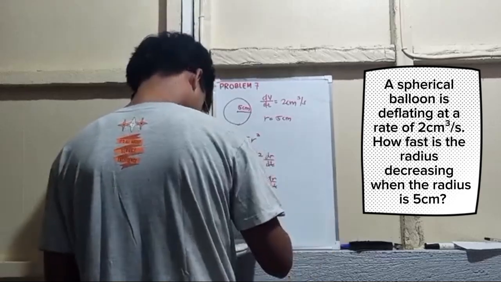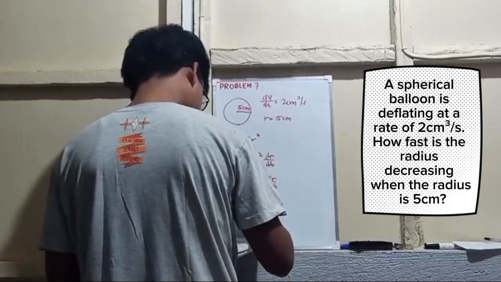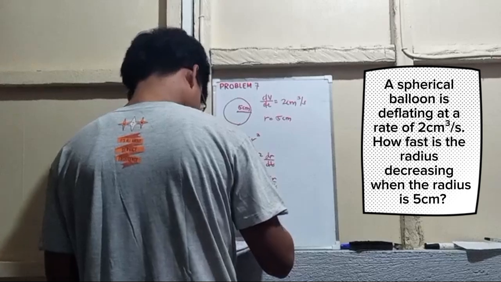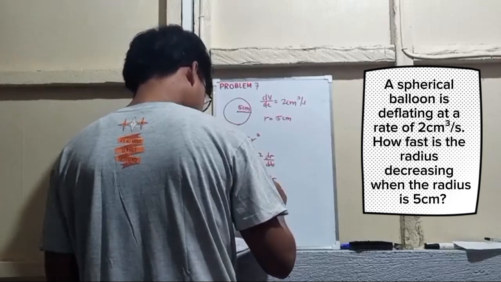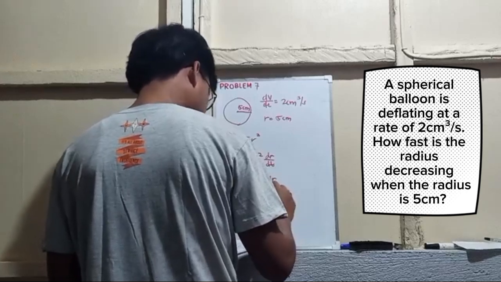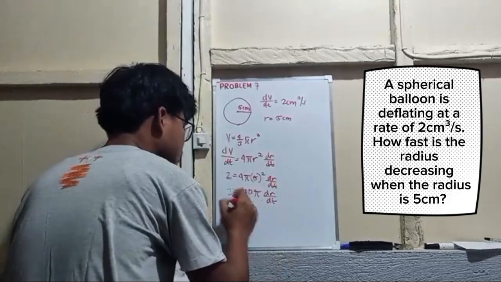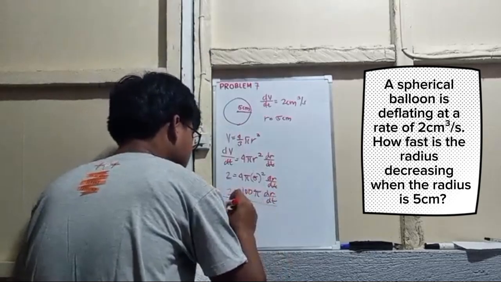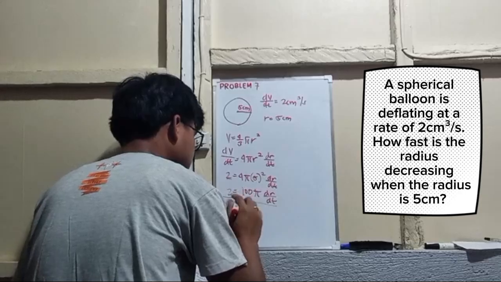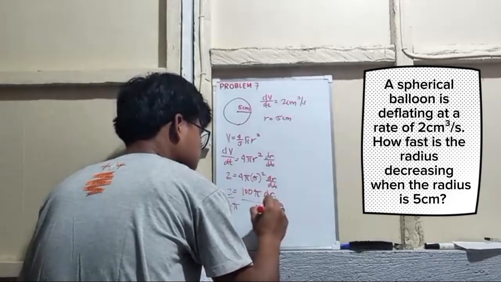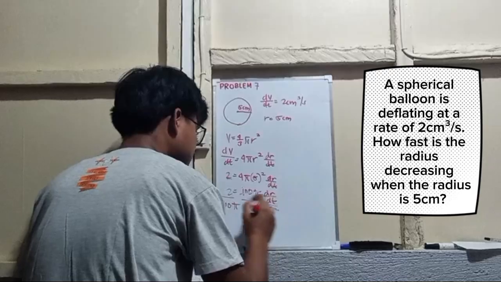So 2 is equal to 100 pi dr over dt. Then divide both sides by 100 pi, and they cancel.